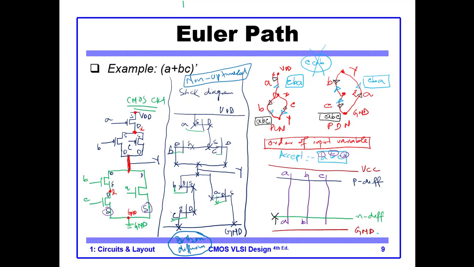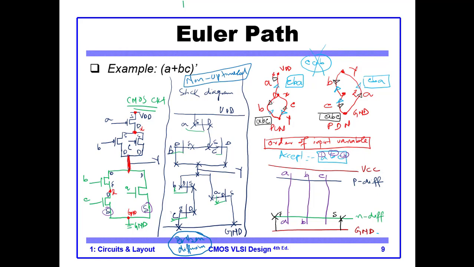So this is our black. So the source of A connects to the ground. Similarly, the source of C, which is this one, connects to the ground. Source of A and C are connected to the ground.